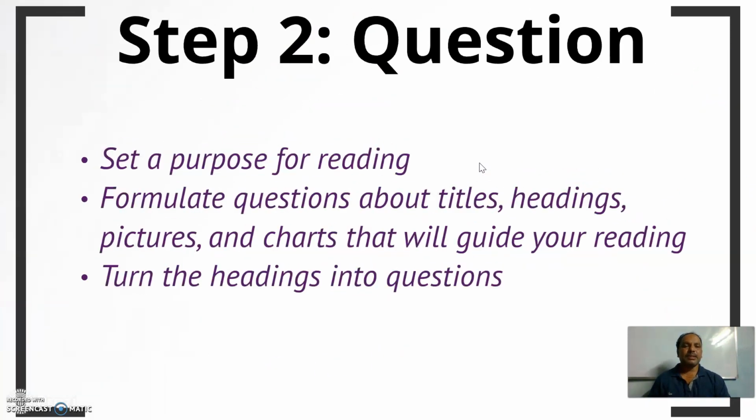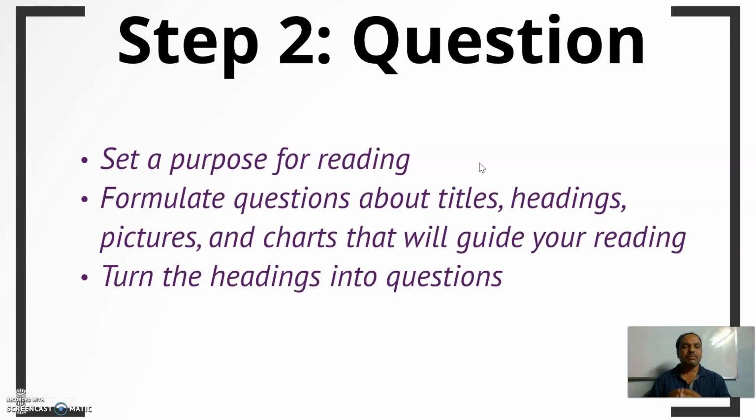The second step in this SQ3R method is questioning. So what do you question? You question regarding the purpose of reading. Why do I need to read this article? Why do I need to read this story? In that manner, you need to frame a question regarding the purpose of reading. And you can also formulate questions about the titles, the headings, the pictures or charts.